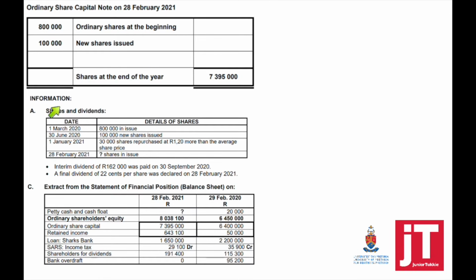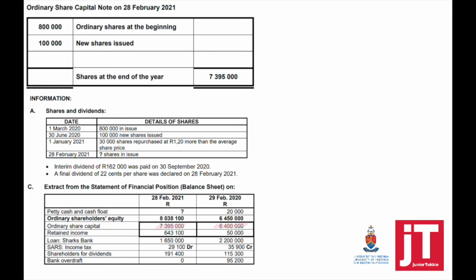On the 1st of January 2021, 30,000 shares were repurchased at R1.20 more than the average share price. On 28 February, shares in issue. It means that we need to calculate it.